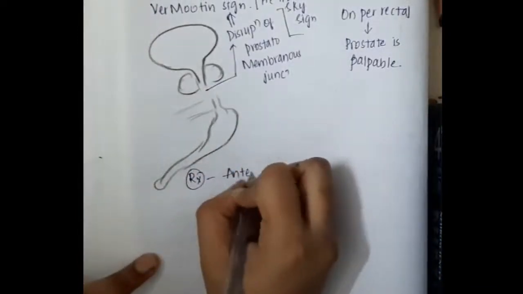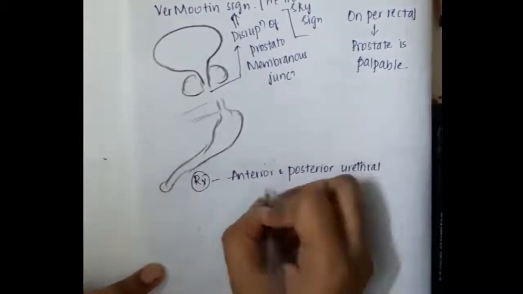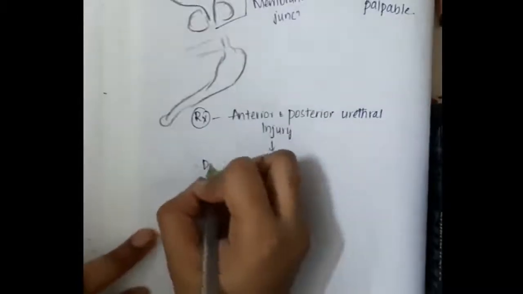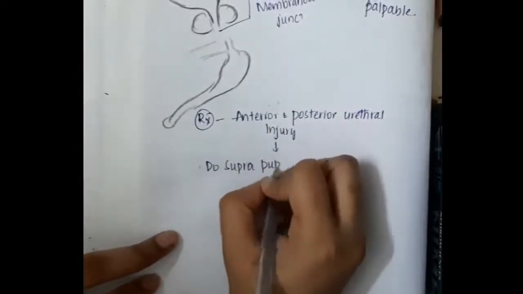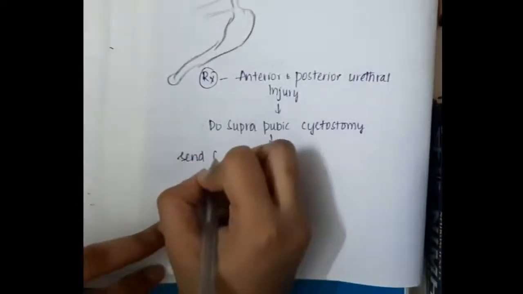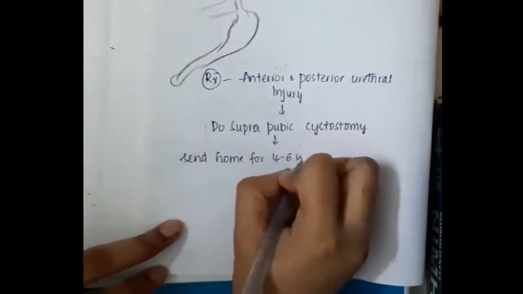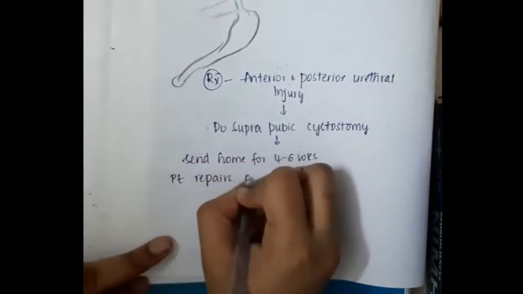The main treatment, whether it is anterior or posterior urethral injury, is that you will first and foremost do a suprapubic cystostomy, and then send the patient home for 4 to 6 weeks.